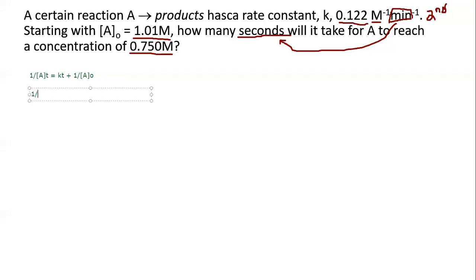So 1 over 0.75 equals... simplify, we get... now we can solve for t.